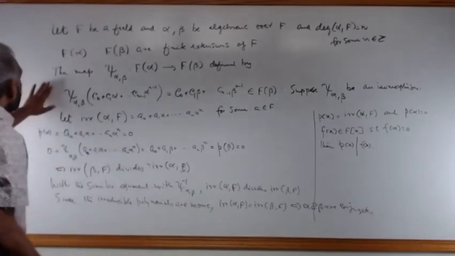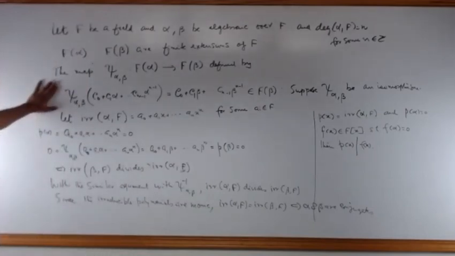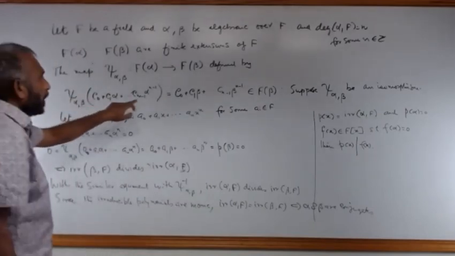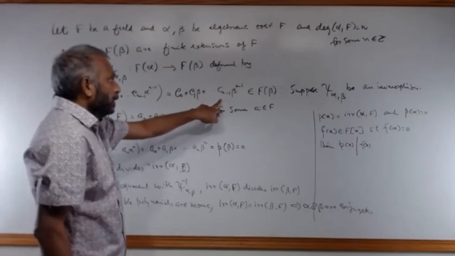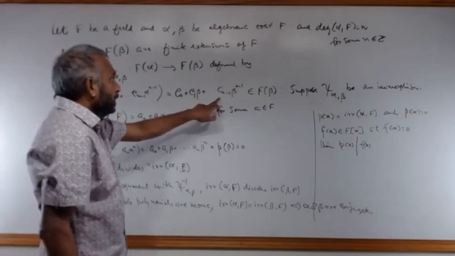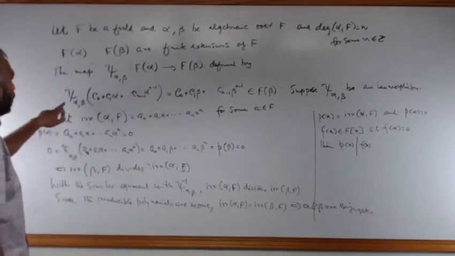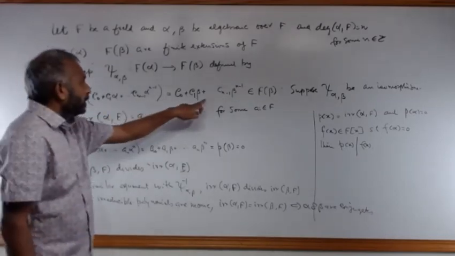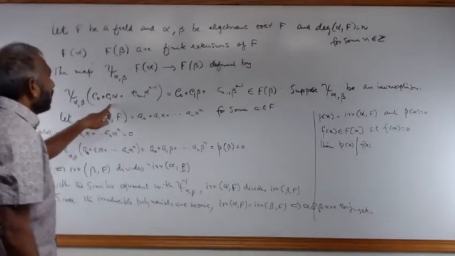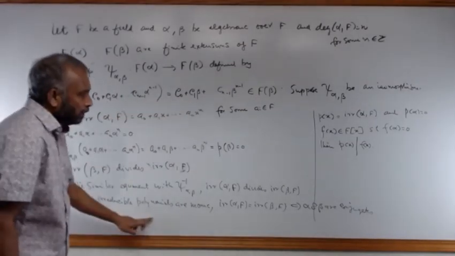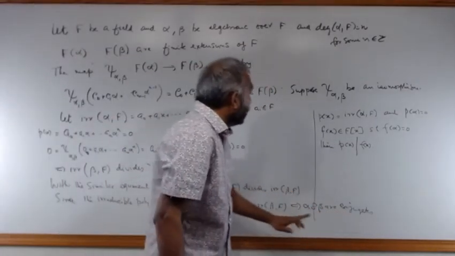So if we can define an isomorphism like this, this has to be an isomorphism, that is our assumption, then alpha and beta are conjugates.